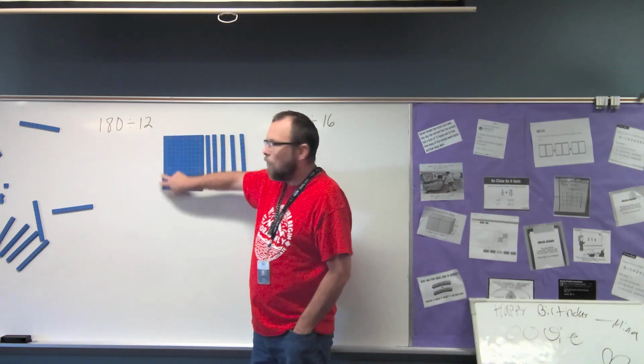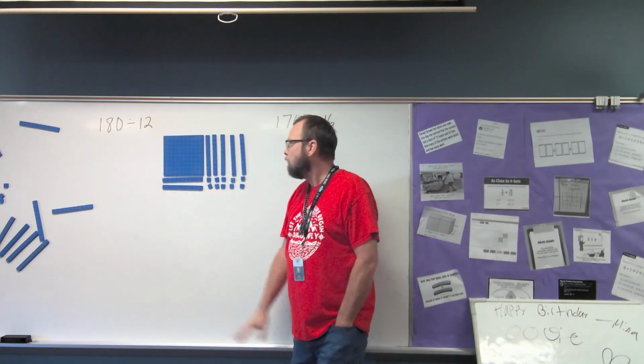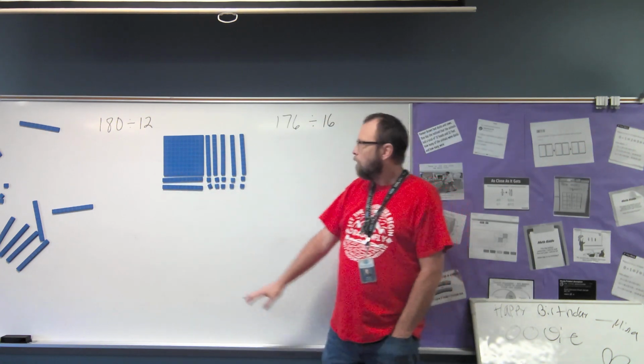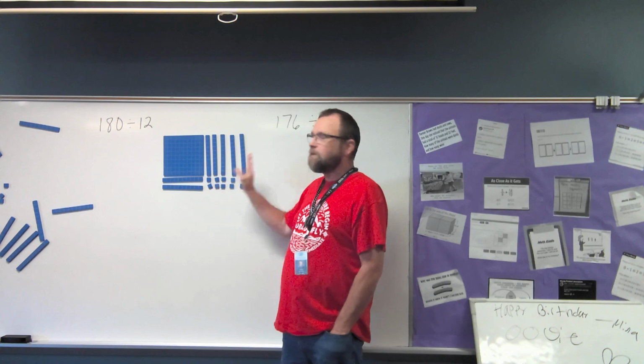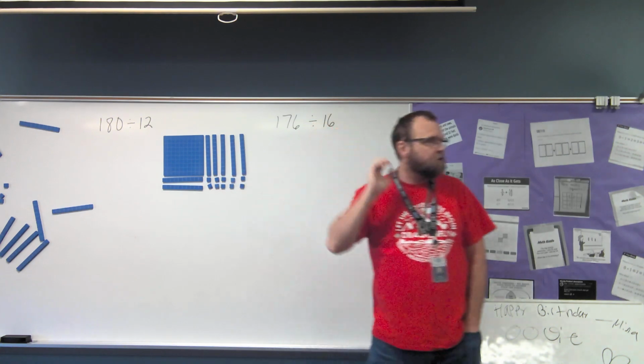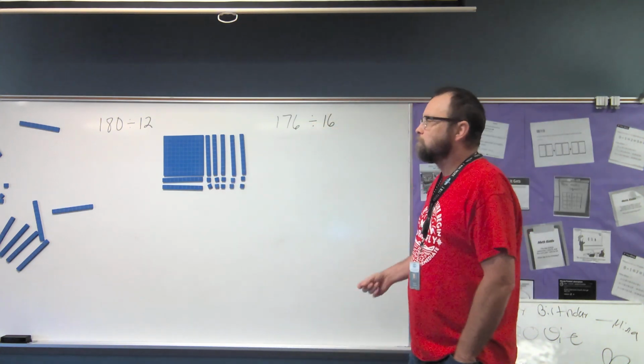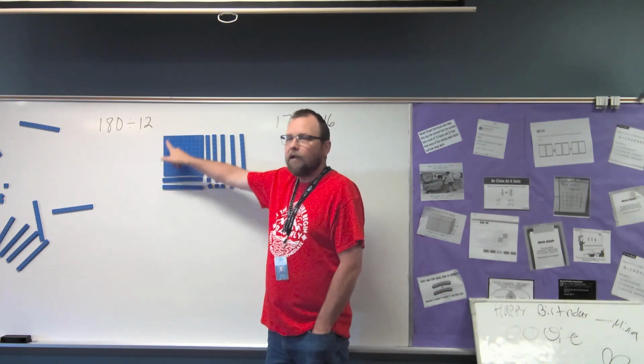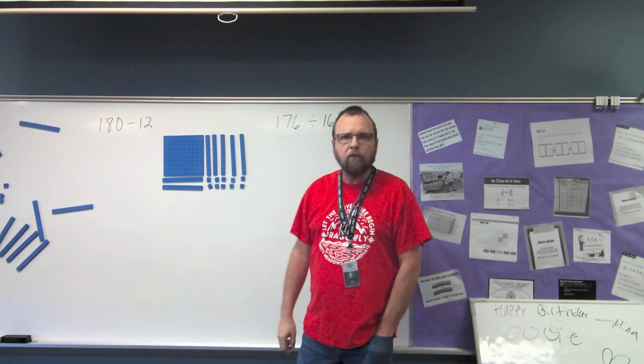I needed 12 in each column. I needed a total of 180. And so I had to add along the side because I have to have 12 in each column. My answer is how many groups of 12 there are. Each column is a group of 12.